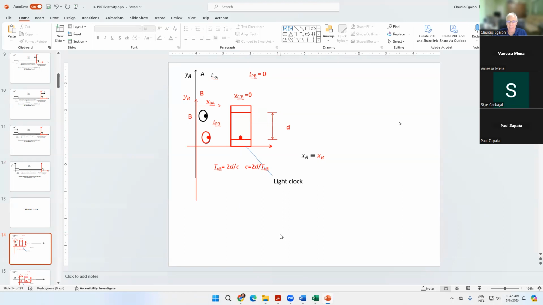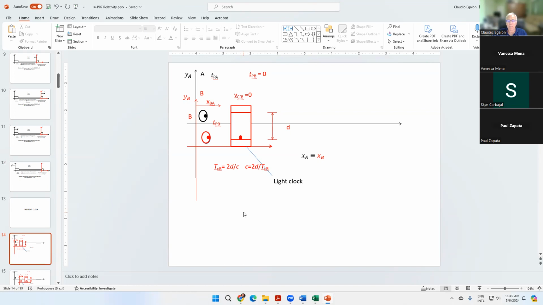And that's where The Mechanical Universe excels in illustrating. Think about it again: every reflection in the light clock is a tick and a tock, tick tock, tick tock. The two mirrors of the light clock are separated by a distance d. The photon of light has a speed of 300,000 kilometers per second.